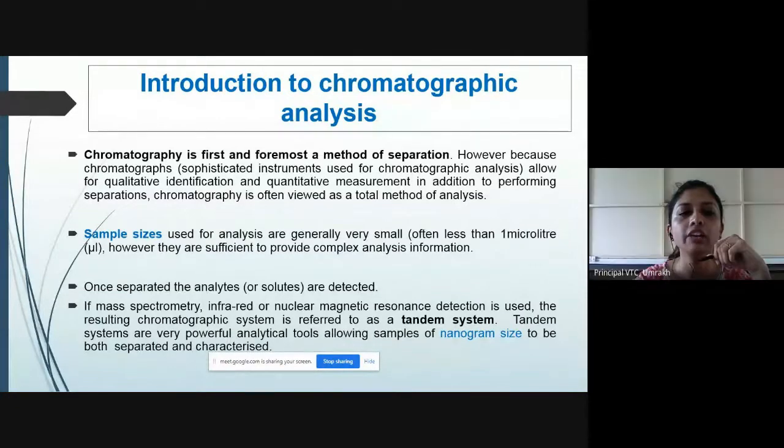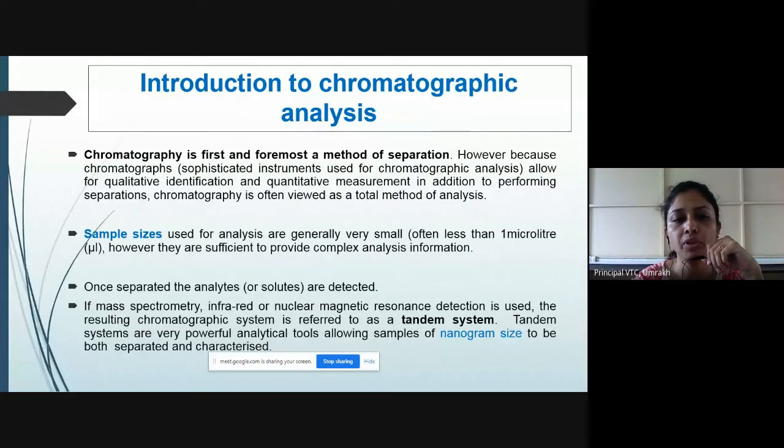Okay, so if mass spectrometry, infrared, or NMR are coupled with a chromatographic system, then that system is called a tandem system, like LCMS, LCNMR, LCIR. Tandem mass spectrometry, LCMS.